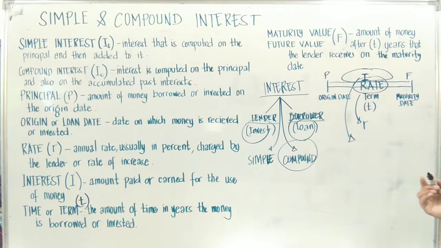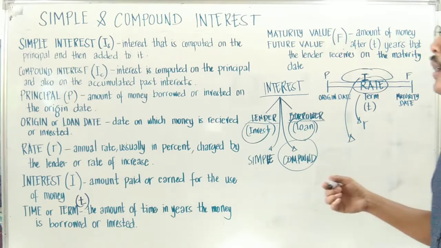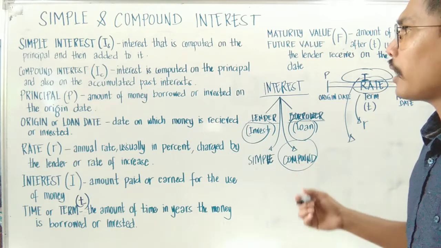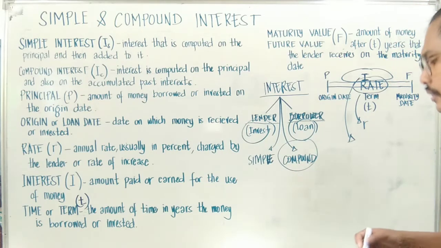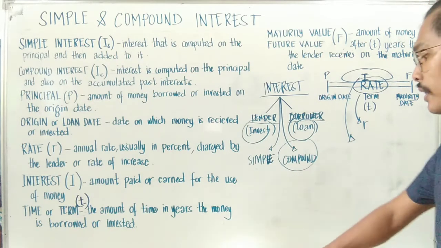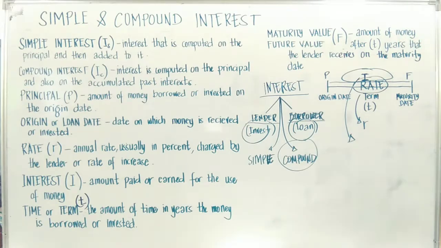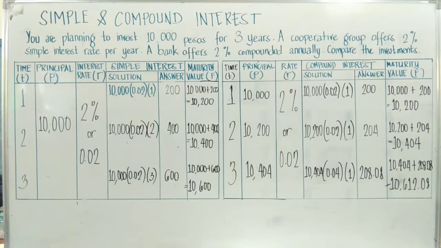So I will illustrate the difference between simple and compound interest using a table as a simple example. Okay, so on the board we have here an illustration of simple and compound interest.